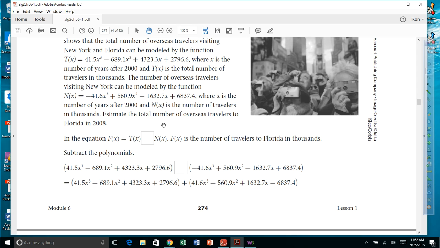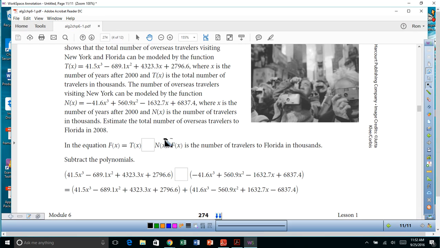Estimate the total number of overseas travelers to Florida in 2008. In the equation, f of x equals t of x. And how would we find f of x? If t of x is the total of New York and Florida, and n of x is just the total of New York, if we subtract n of x from t of x, we would get f of x. And f of x would be the number of travelers to Florida in thousands.